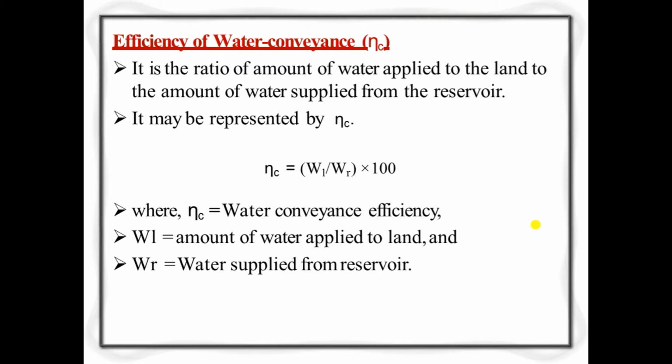Generally, it is represented by Nc equal to Wl upon Wr, where Wl is the amount of water applied and Wr is the water supplied from the reservoir.